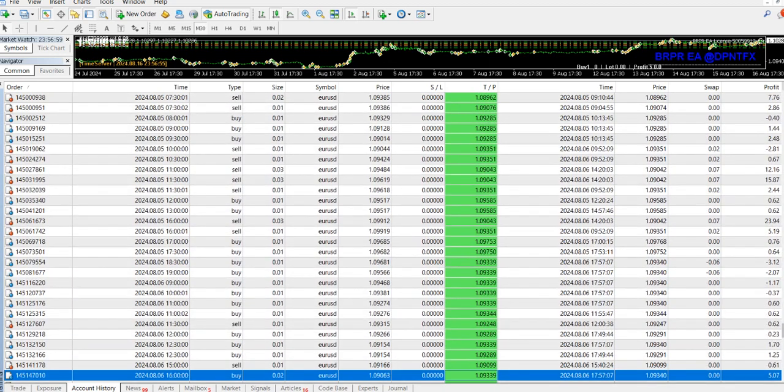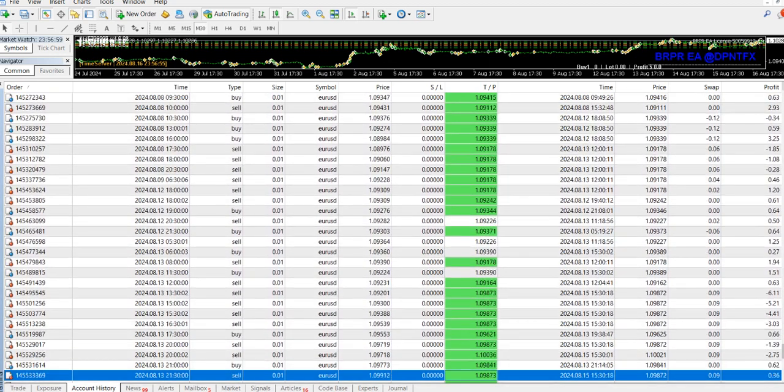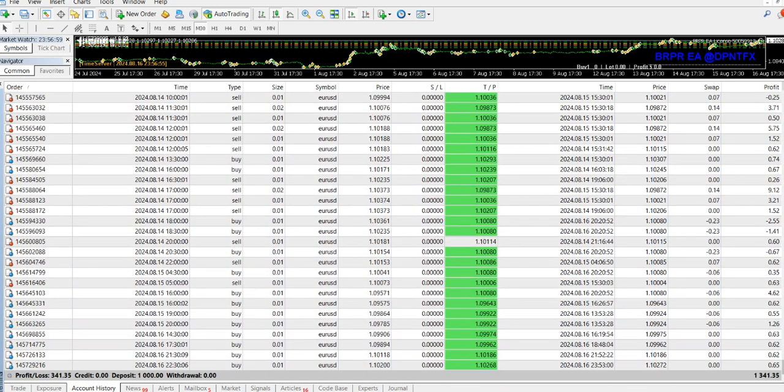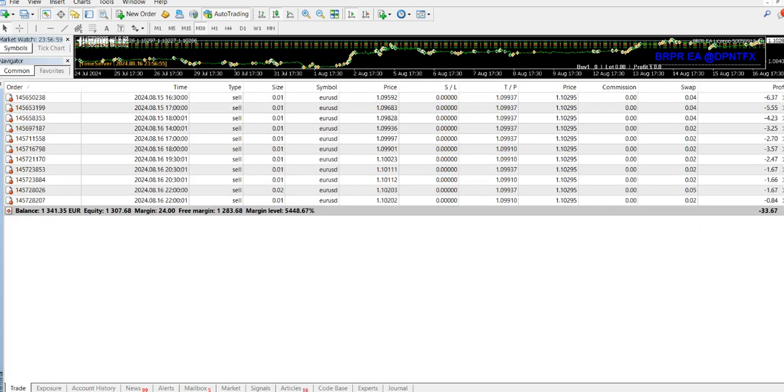It also uses a two-side averaging feature. Sometimes the market goes in the opposite direction, so it monetizes those small moves as scalping. While it is a trend trading expert advisor, it still uses two-side averaging when certain parameters require it. So with a deposit of 1,000, we made around 341.35 in a span of 2 months and 1 week.